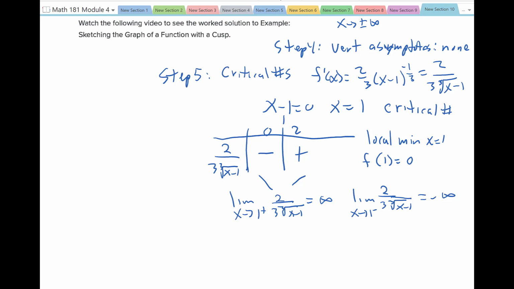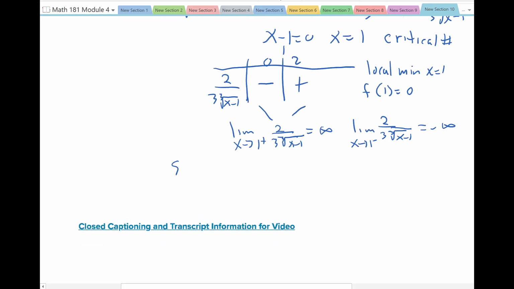Okay, step 6. Take the second derivative. We're going to end up with 2/3 times the negative 1/3, which is the current power, times x minus 1 to the negative 4/3.